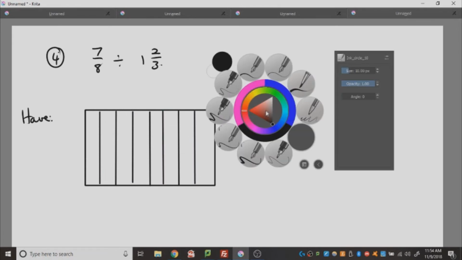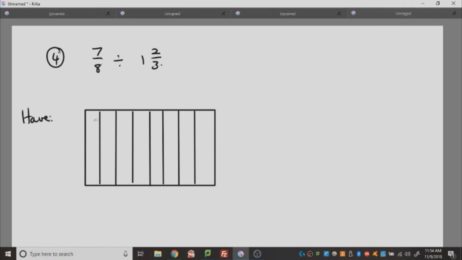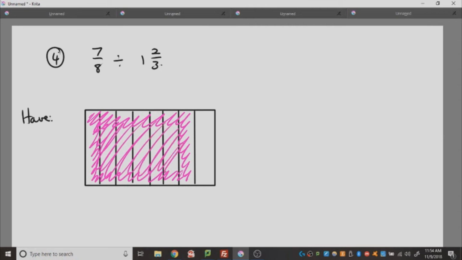Now let's indicate what I have. I have 7 of the 8 slices, like so. And now I'm trying to fit in 1 2/3 of a loaf of bread.